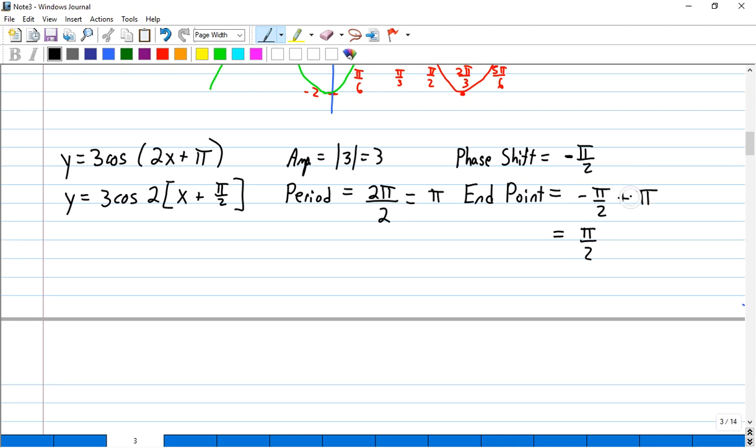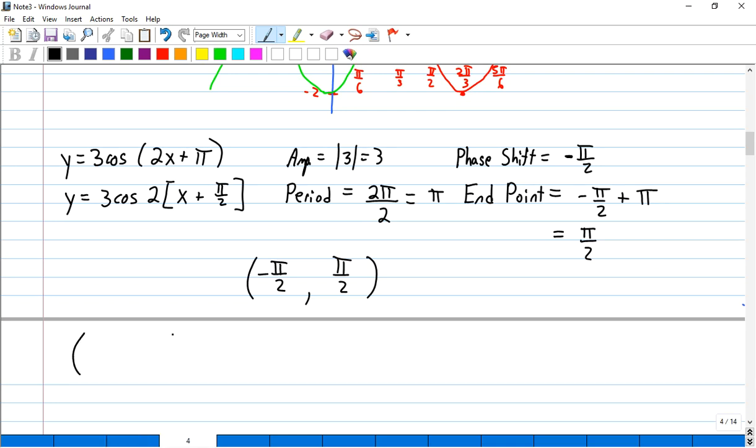Just put the number parts together, the 1 and the negative 1/2, and then throw a pi in there. Everybody likes to throw pies, right? All right, so that means that the interval for one complete period is going to be from negative pi over 2 to positive pi over 2.